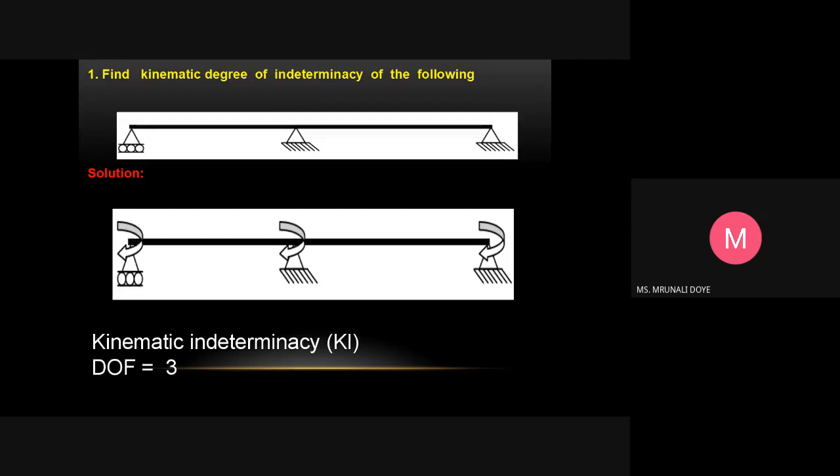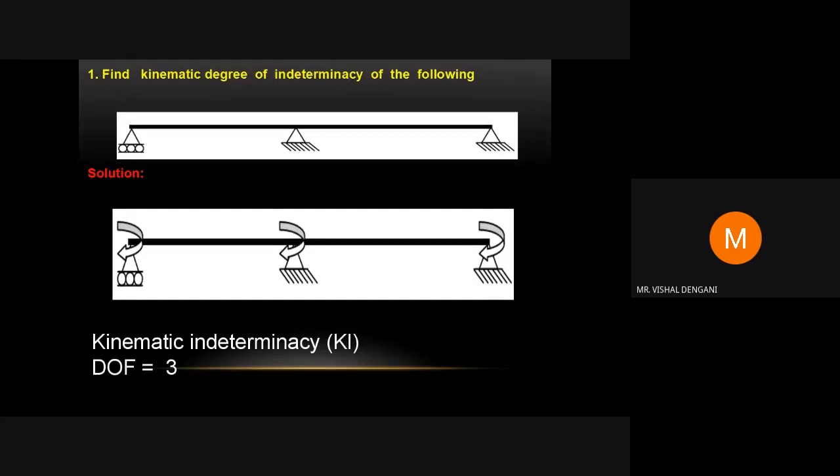So what is the degree of freedom for this structure? At the roller support 1 and hinge supports 1 plus 1. So what is the total degree of freedom? 1 plus 1 plus 1, 3. So what do you have to keep in mind? In case of a beam, at fixed support the degree of freedom will be 0.